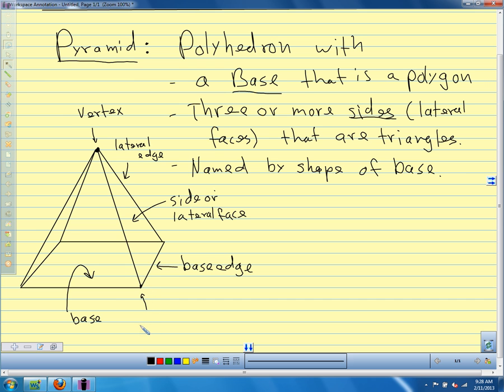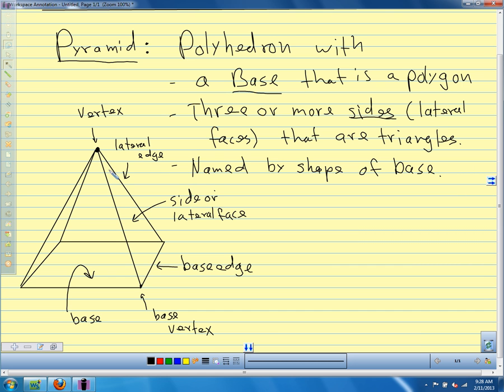I don't use that one a lot, but we could call it a base vertex. But the tip where all the triangles meet is the vertex of the pyramid. So when we talk about the vertex, we're talking about this point at the very top.